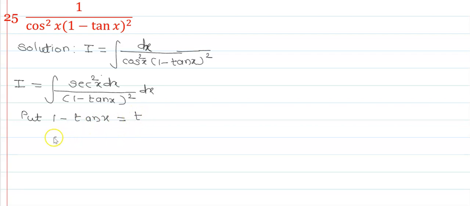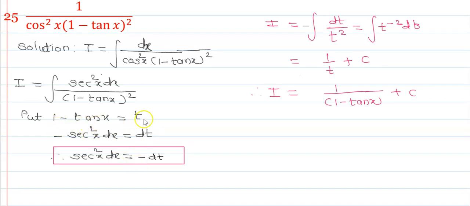Its derivative is minus sec square x into dx is equal to dt, therefore sec square x into dx is equal to minus dt. Now substitute this in this integral. The value of sec square x into dx is minus dt upon t square.